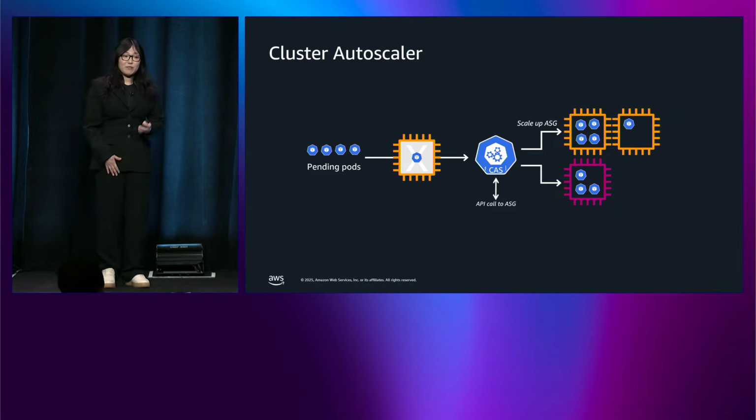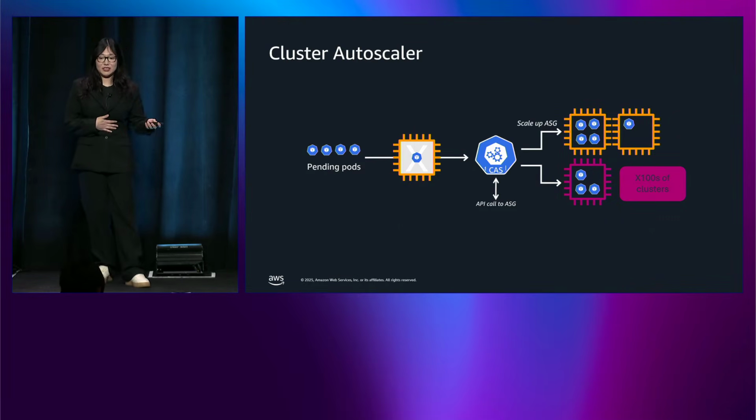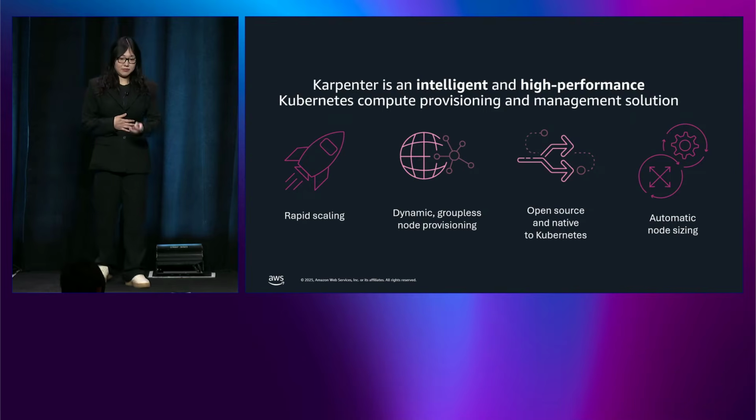So if you have multiple different types of instances or different purchase options like spot versus on demand, you're going to have multiple node groups to support multiple node types. That really spins up additional clusters, making it perhaps difficult to manage.